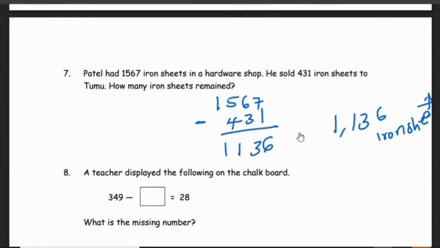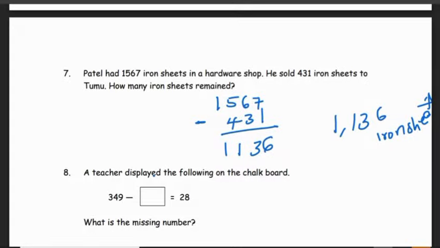A teacher displayed the following on the chalkboard: 349 minus a certain number that you don't know, it will give you 28. So what is the missing number?